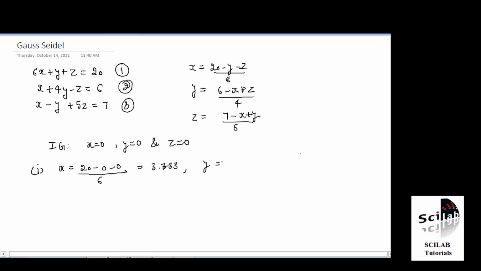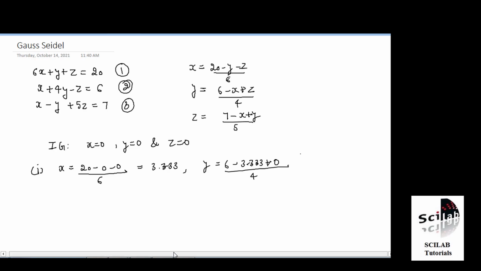Okay, now y will be given by (6 - x + z) / 4, and what is the latest value of x available to us is 3.333, and the value of z is 0, divided by 4.